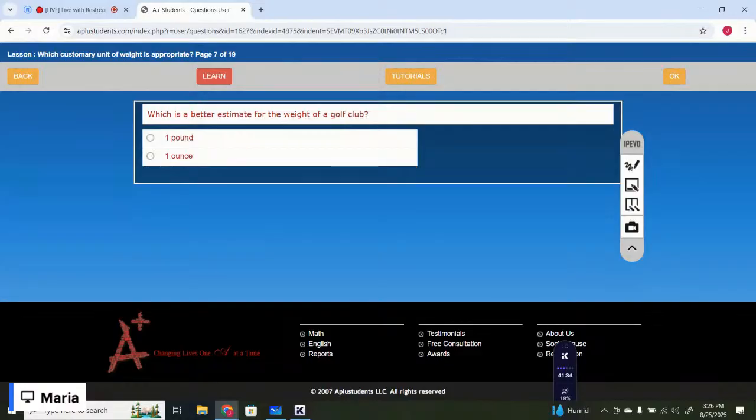Which is a better estimate for the weight of a golf club? I think it would be 1 ounce.